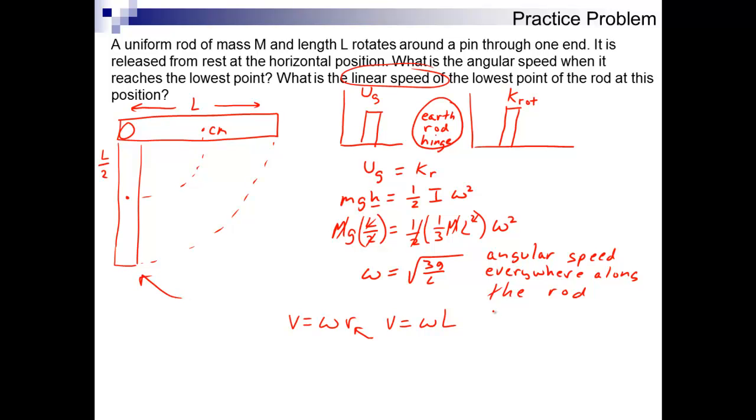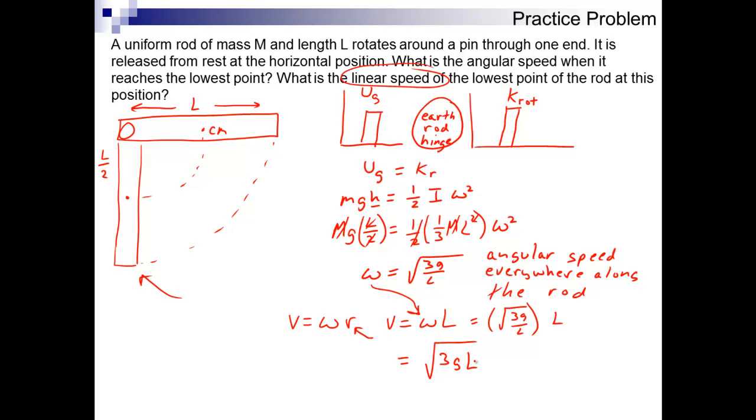In that case, we replace the omega with what we solved for in the previous part, and we get the square root of 3g over L, times L, and that ends up equaling the square root of 3gL.